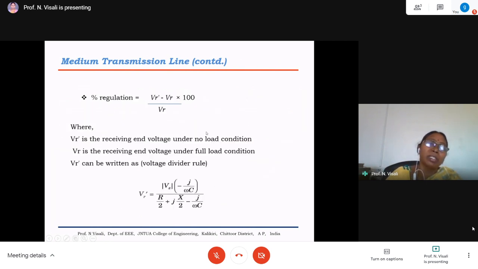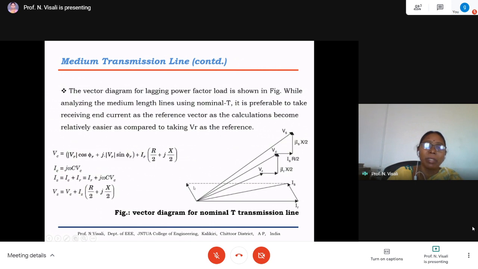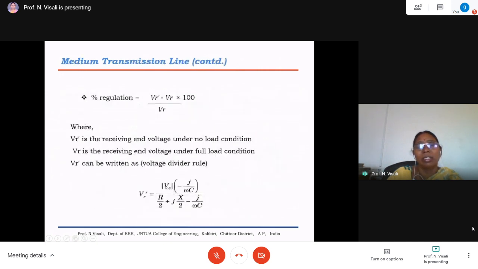Then what is the percentage regulation? As usual, it is VR dash by VR into 100. But how do we calculate VR dash? VR dash is nothing but Vs into minus j by omega C, divided by R by 2 plus j times X by 2 minus j by omega C. Directly they are calculating Vs into the division of voltage across the capacitance.